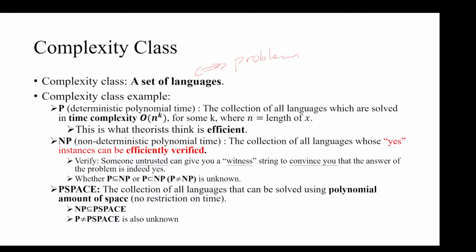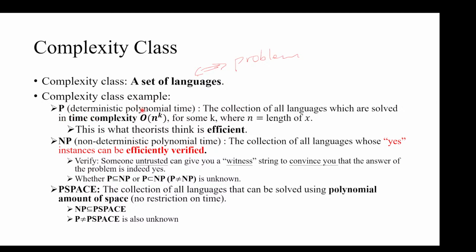So those yes/no problems can be solved in this time, and this time is a polynomial, which means it's order n to the k for some fixed number k, and then we call those problems in P. Okay.